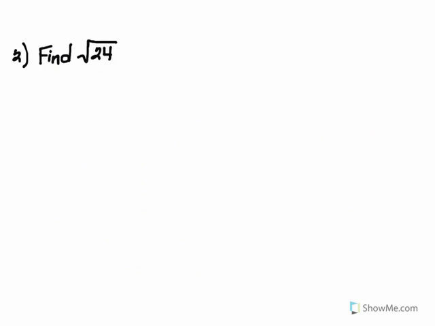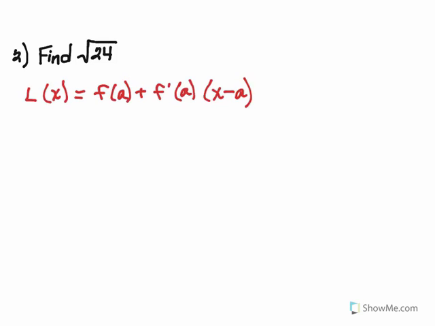Here we're asked to find the square root of 24. Well, we can estimate it pretty good. We know it's going to be in between 4 and 5 because we know 4 squared is 16, 5 squared is 25. So square root of 24 should be somewhere in there. Once again, we have our linearization formula. Now we need to determine the function that's going to serve as the basis for this. Since it's a square root function, we might as well do square root of x.